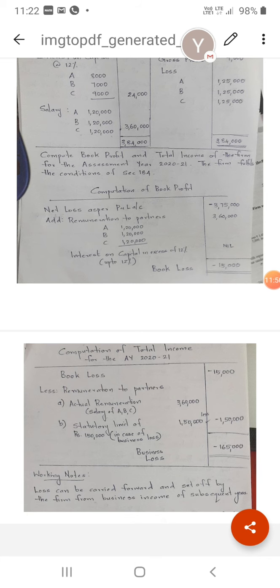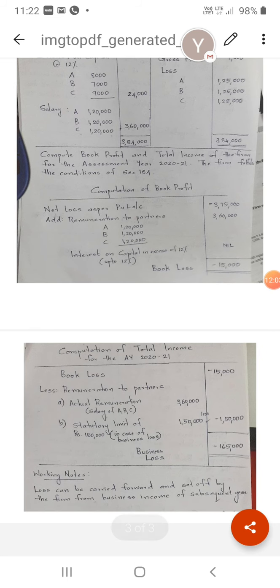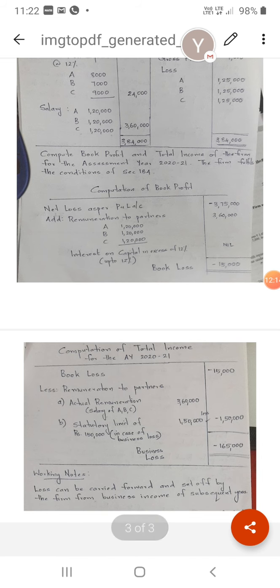But whenever a firm is having book loss, you have to consider the statutory limit of 1,50,000 alone in section 40(b). That means under section 40(b), you can immediately write 1,50,000. The other two classifications, 90% of book profit and 60% of book profit, need not be considered.